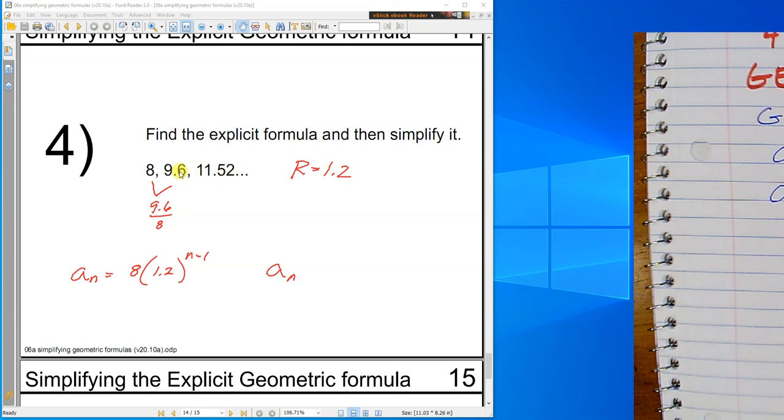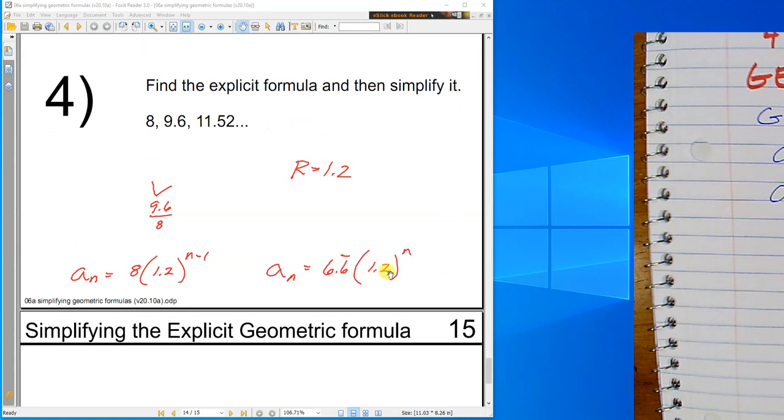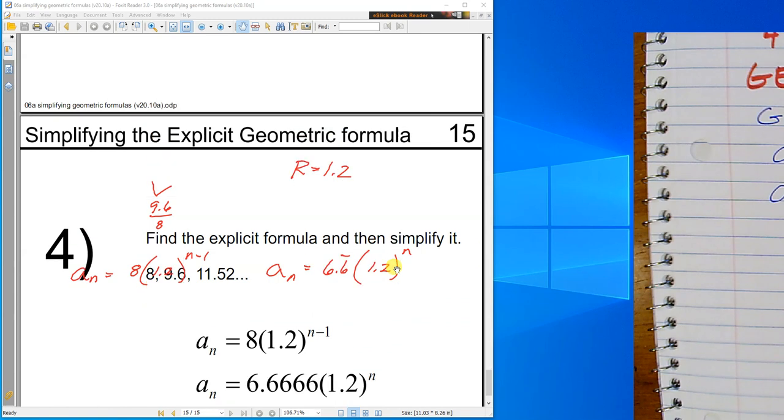Divide by 1.2, divide by 1.2. 8 divided by 1.2 takes me to 6.66 repeating. This is the value of the 0 term. The ratio is the same, raised to the n power. Looking good.